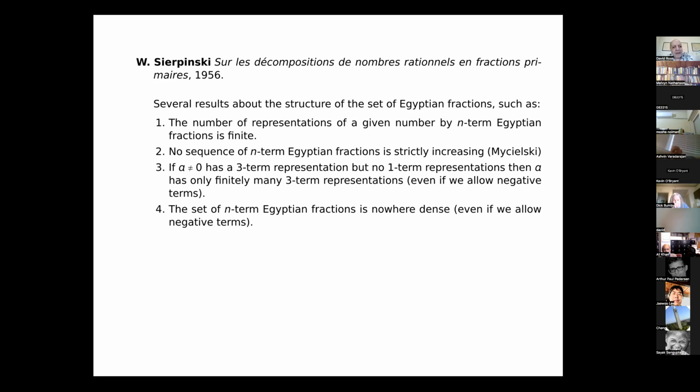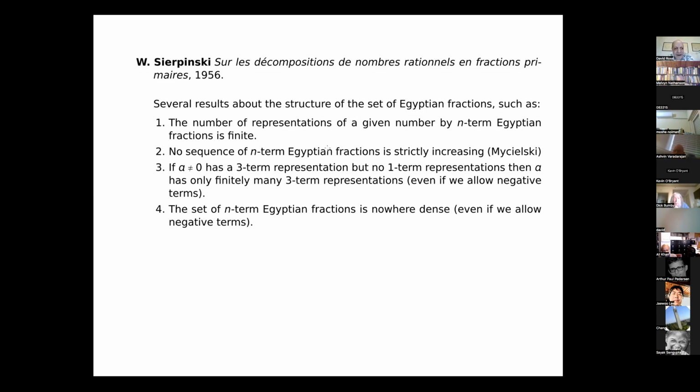And a lot of other things. What if you allow negative denominators, for example? Sierpinski shows that if you've got a three-term representation, but no one-term representations, then you actually have only finitely many three-term representations. What else?